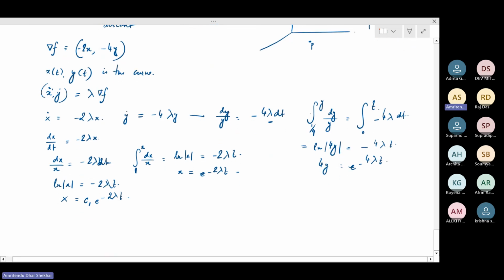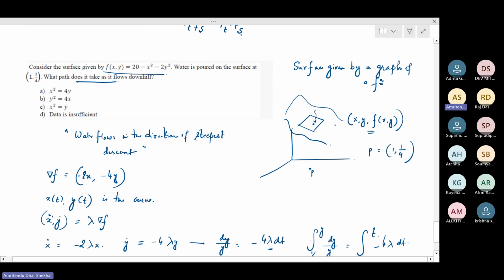Which, if you see, is equal to x squared. And so you get x squared is equal to 4y. Okay. So this is your answer.